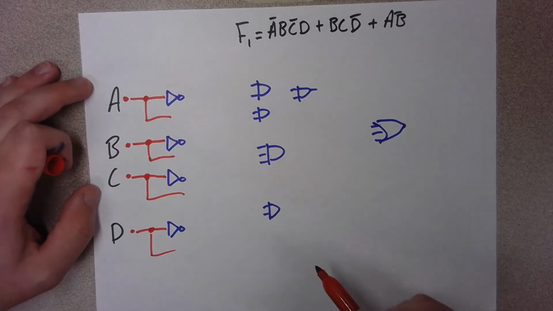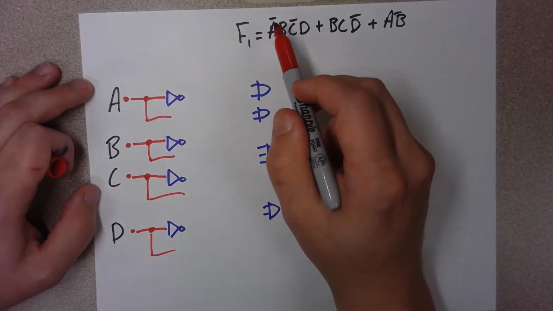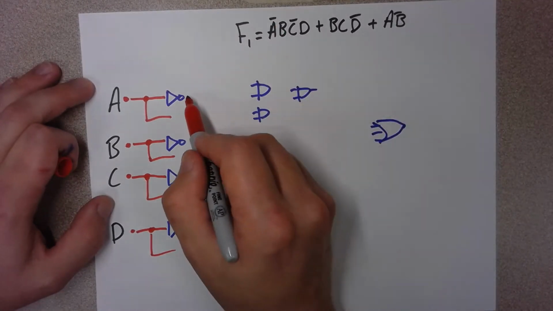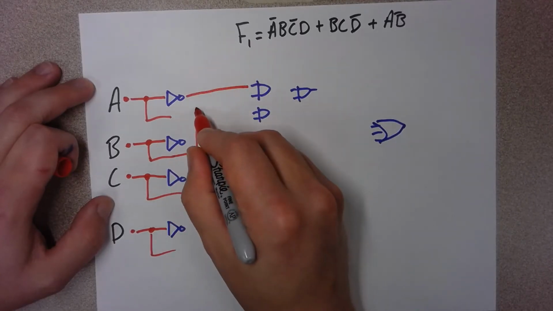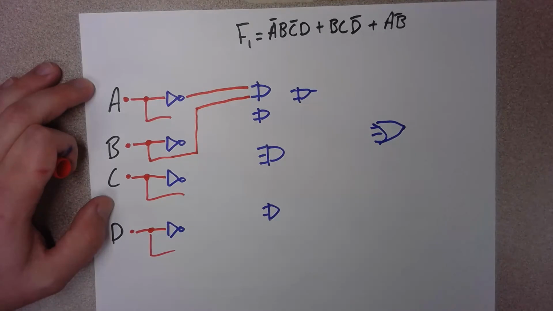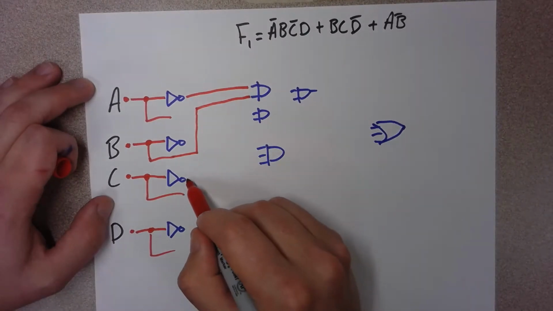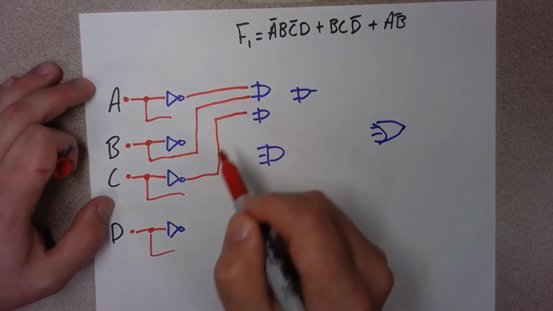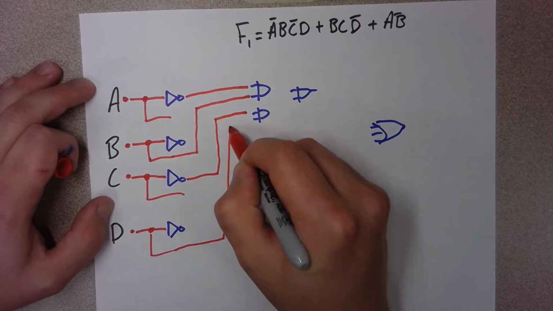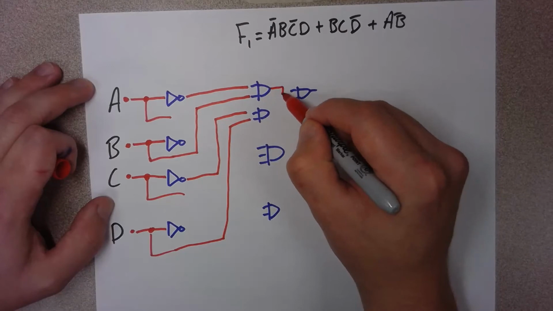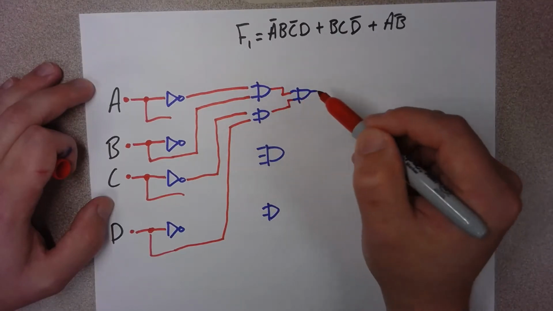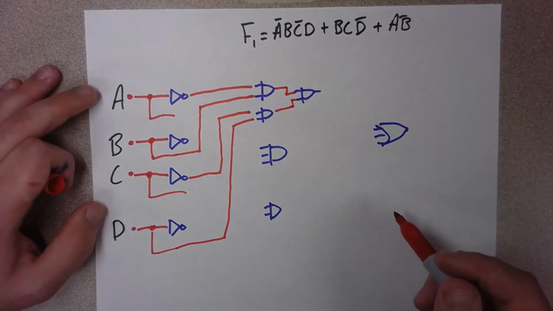The first one is not A and B, so I go not A and B there, and then not C and D. Then these 2 ANDs get ANDed there, and that cleans that up for us.